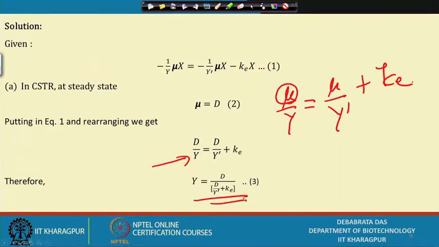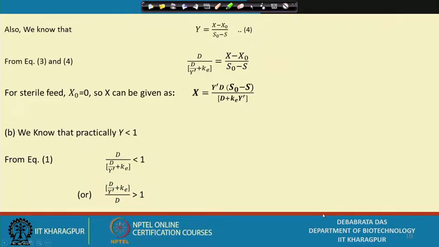Now, what we know is that Y is the overall yield coefficient or average yield coefficient. This is equal to (x minus x0) by (s0 minus s). Then we can write D Y' by (D plus k_e) equal to this yield coefficient.